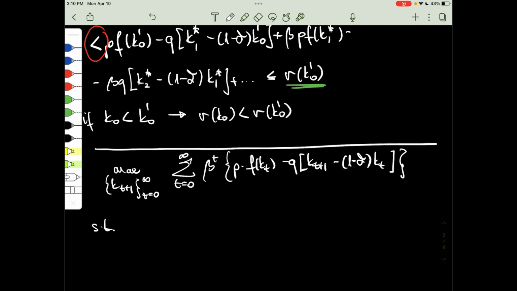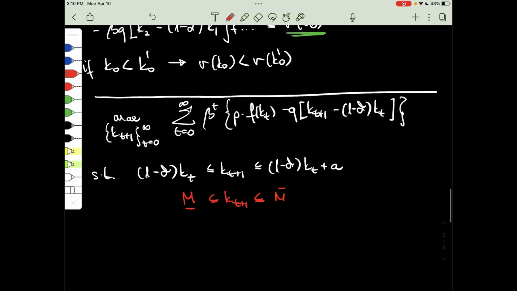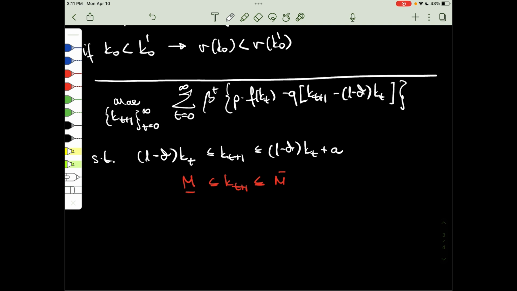Supposing that we have boundaries for the control variable, which is next period capital stock. Okay, for ease, let me say that we have a lower bound and we have an upper bound. So we have two boundaries in the form of inequalities.